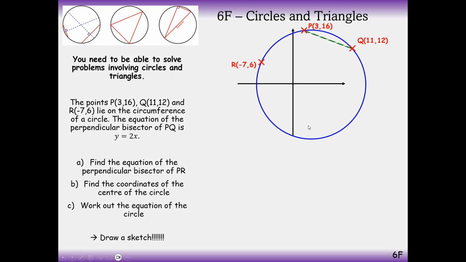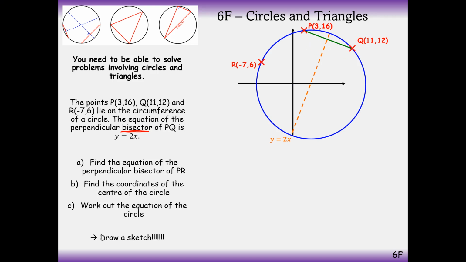They're not perpendicular in any shape or form at the minute, but we know the perpendicular bisector of PQ is y equals 2x, not the gradient here. We don't need to figure that out.